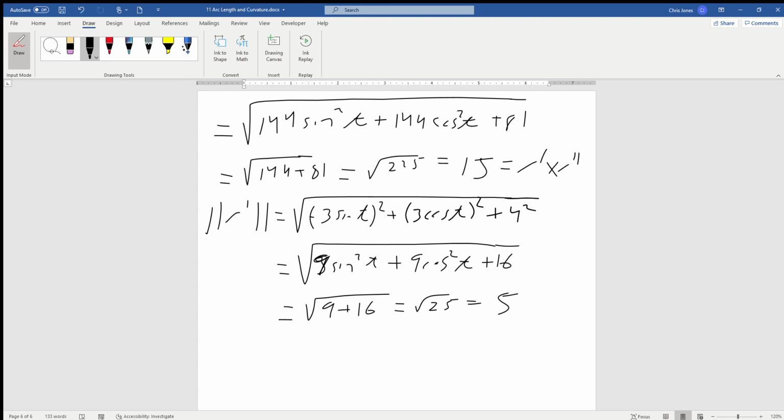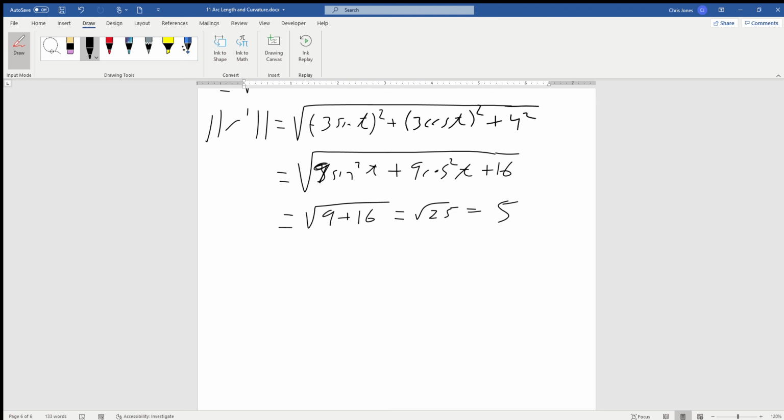And so finally, we can find the curvature K. Remember our formula: the curvature K is the magnitude of r prime cross r double prime divided by the magnitude of r prime cubed.